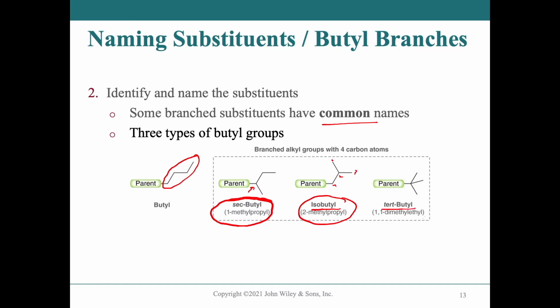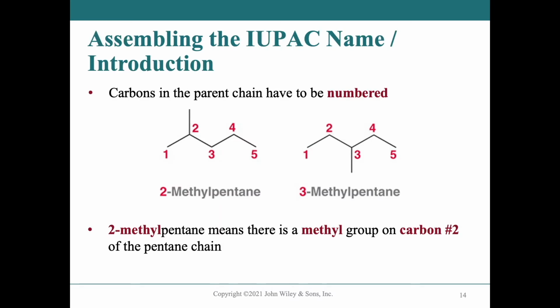The tert butyl has 3 methyl groups, 1, 2, 3, with a center carbon holding them all together. You can think of it as being like tertiary or 3, and that's 3 methyl groups. Those are some common names that you need to memorize.